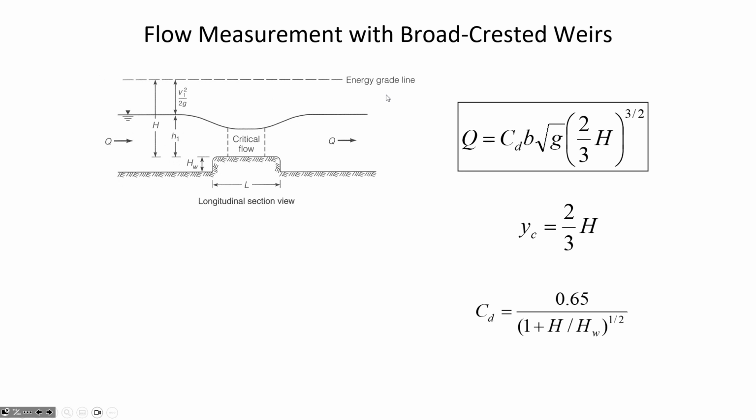Okay, a broad-crested weir is one way of determining the flow through an open channel. Basically, a broad-crested weir is just a step in the bottom of the channel that's high enough that it forces critical flow over the obstruction.